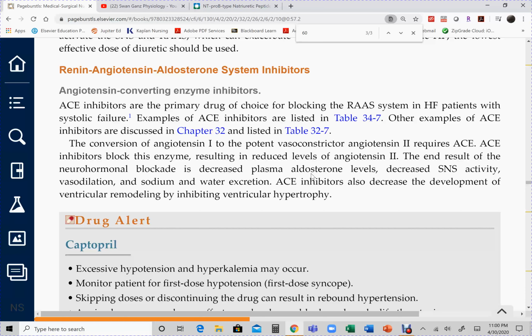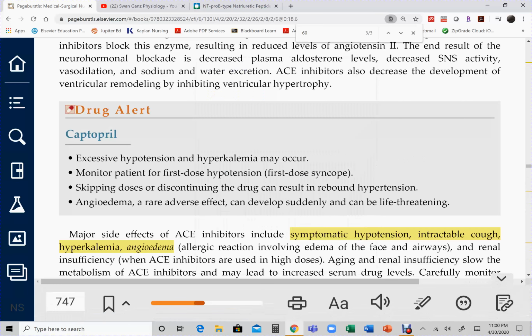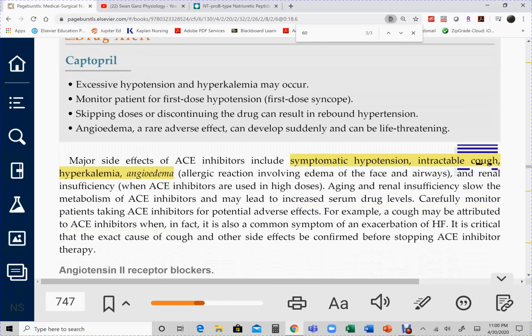However, because you're not reabsorbing sodium, that means sodium is lost, but you will reabsorb potassium. So that already tells you there will be hyperkalemia. Now, as far as hypotension, of course, this is a given, especially if you're giving any of these drugs for the first time. So your warning for the patient will always be about orthostatic hypotension, which precipitates falls.